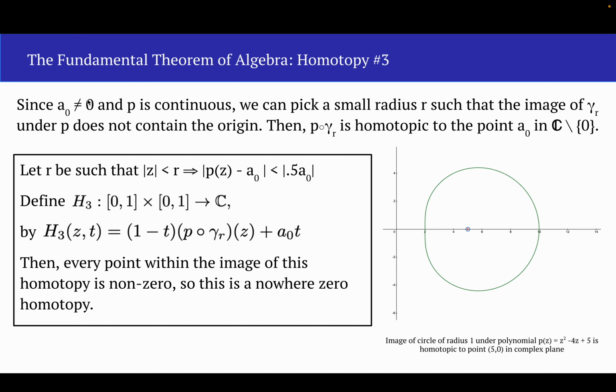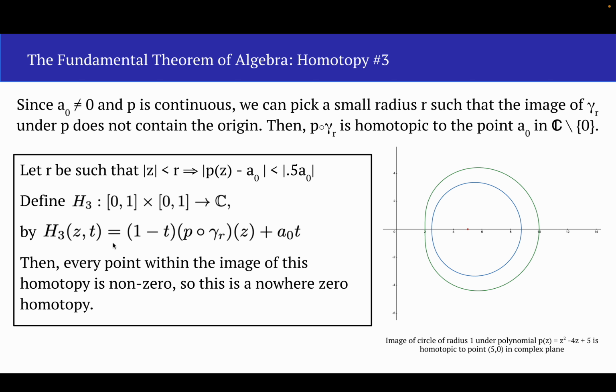This means that we can find a very small delta for which if the absolute value of z is less than delta, then we must have that the image of z is sufficiently close to a naught. And specifically, we can ensure it's within half the distance of a naught, such that p of z is never equal to 0, and it never gets close to 0.